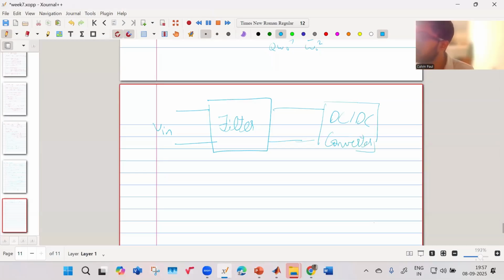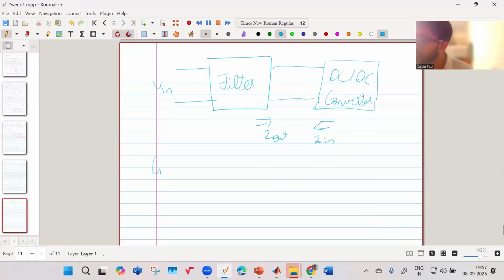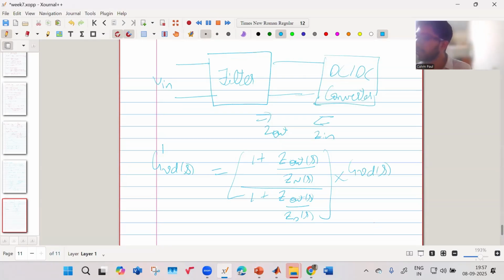When these two interact, this Z out is seen over here, this Z in is seen over here. So your modified Gvd is given by 1 plus Z out of your filter by Zn of S, upon 1 plus Z out of S by Zd of S, times your original Gvd of S. Z out of S is that of this filter.